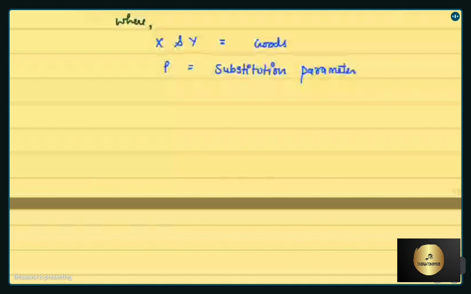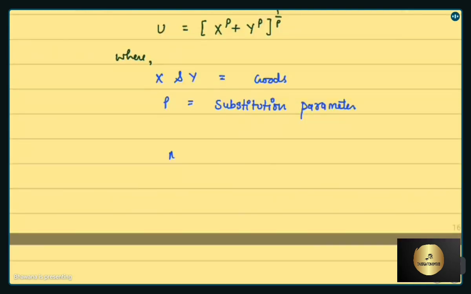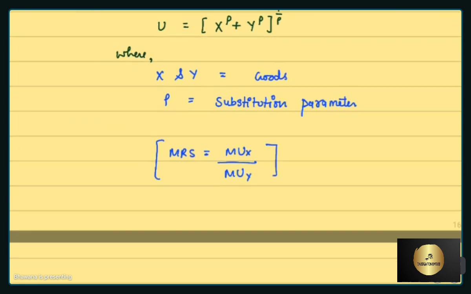In order to solve for the elasticity of substitution, first we have to calculate MRS for this particular utility function. Your MRS is equal to the ratio of marginal utilities.